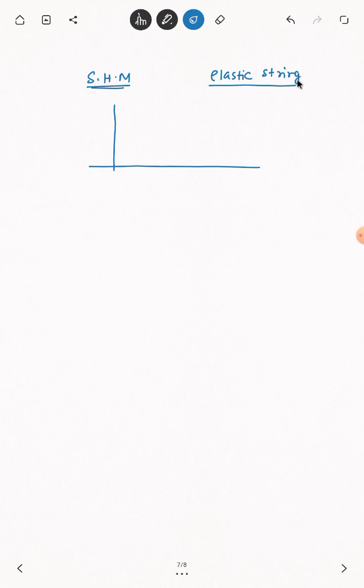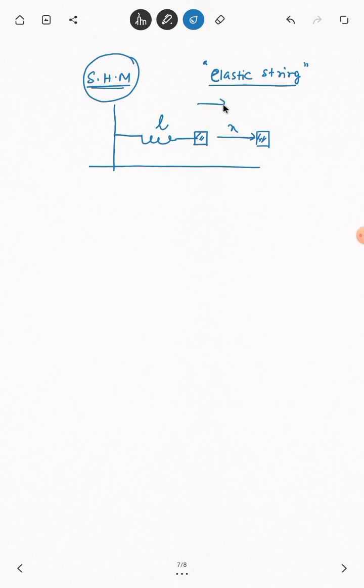A spring, just coiling like this, and a mass is attached, and if we take it up to distance x and then release it, say its original length is L, then this is performing SHM.